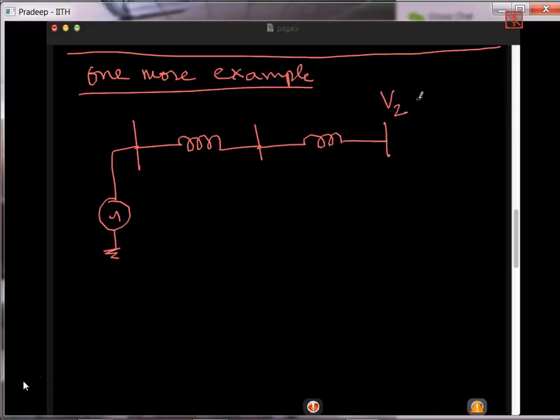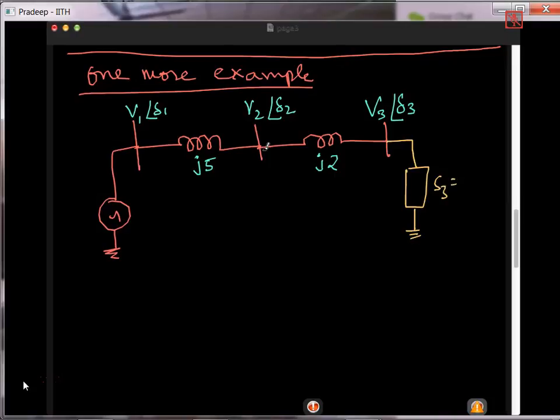So this is V2 delta 2 and this is V3 delta 3, and this is V1 delta 1. This is J5 and this is, let's say, J2.